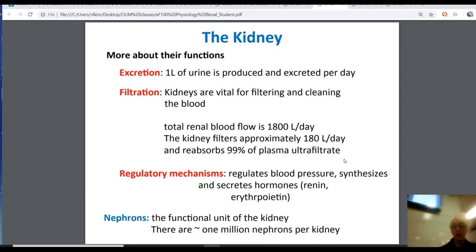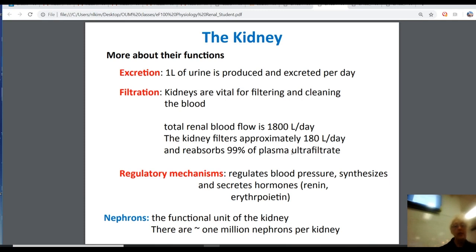So we looked at the total renal blood flow, how much the kidney actually filters per day, which is 180 liters, which is remarkable. Now the reason it reabsorbs 99% of the plasma ultrafiltrate is because within the glomerulus itself, the pores are not big enough to allow plasma proteins to diffuse and be excreted.